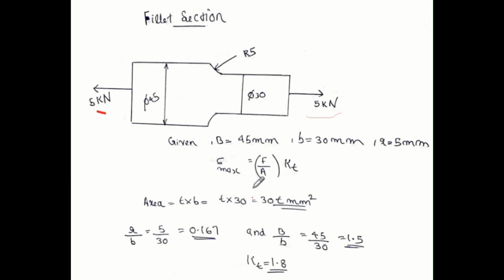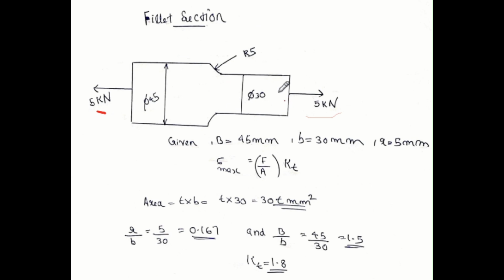The formula to find the maximum stress for a shaft under axial load is F by area into KT. We need the value of F. We know how to find the area. We don't know the value of thickness, but I can write the area as thickness into small b. The reason for using small b instead of capital B is the fillet radius.